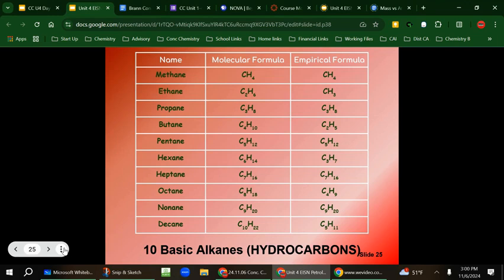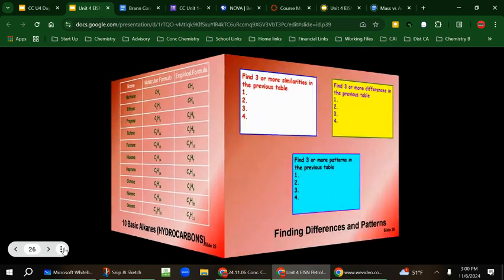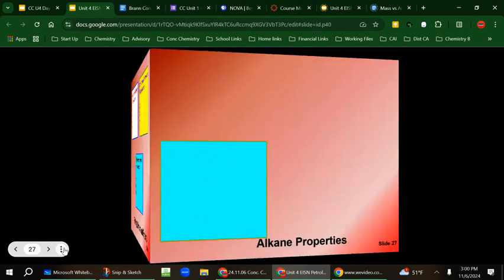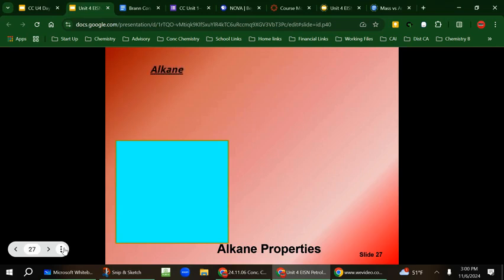Now, we won't get into molecular and empirical formulas. We will not have time, ladies and gentlemen. But one of the things about alkanes is they are all hydrocarbons and they all have single bonds, ladies and gentlemen. Every bond in the compound is a single bond. Now, hydrogen can only make single bonds.